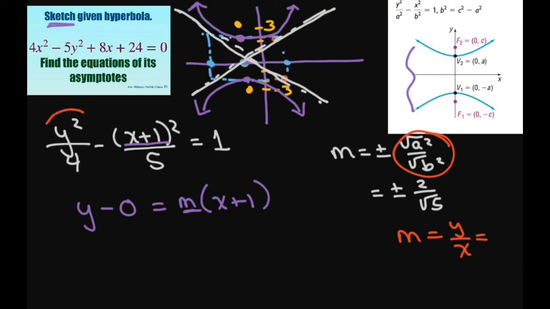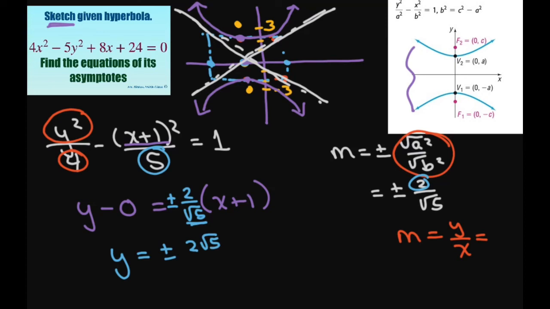So I look what's under the y, take the square root of it. And so this is going to be plus or minus 2. And then I look whatever's under the x and then square root it. So that's square root of 5. Also, you can write this as y equals plus or minus, if you want to rationalize the denominator, this would be 2 square root of 5 divided by 5 times x plus 1.